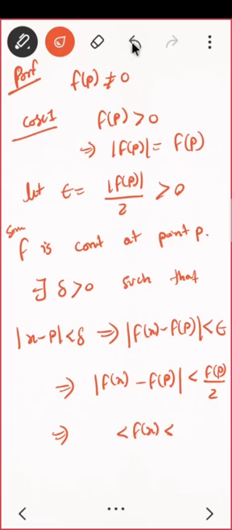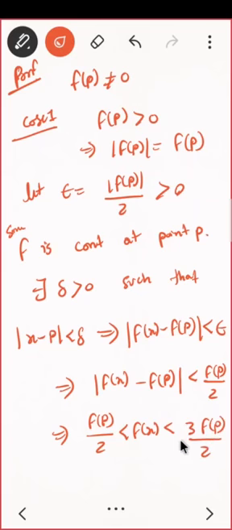If you're not answering, then I should. What is that? That is f of p by 2, na? F of p minus f of p by 2. What about the upper limit? So this will be 3 times f of p by 2. Correct? Is this clear to everyone?